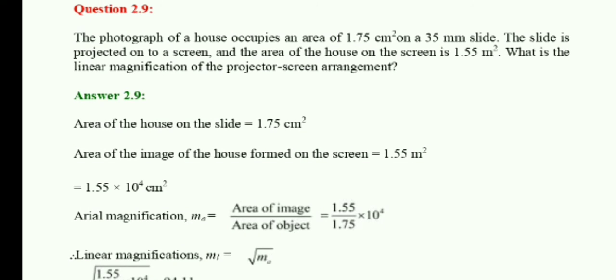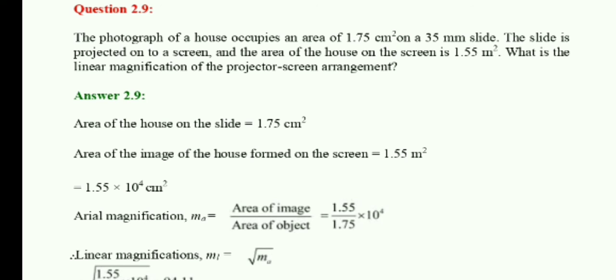Question number 9. The photograph of a house occupies an area of 1.75 centimeters square on a 35 mm slide. The slide is projected on a screen and the area of the house on the screen is 1.55 meters square.